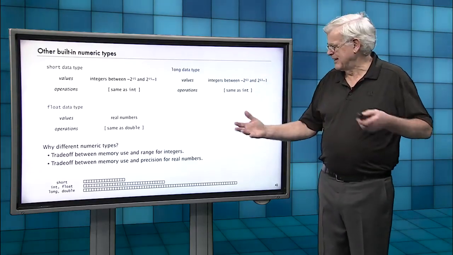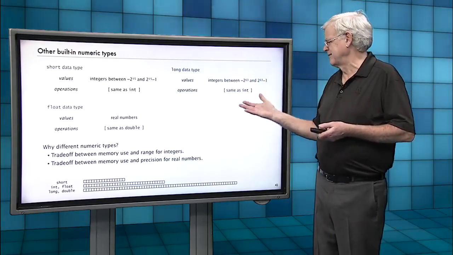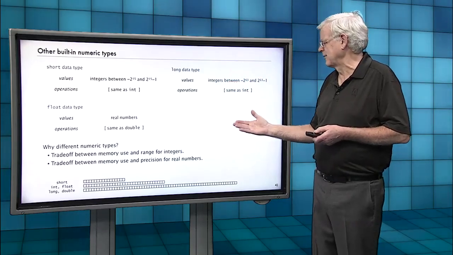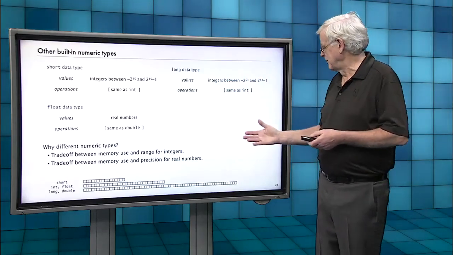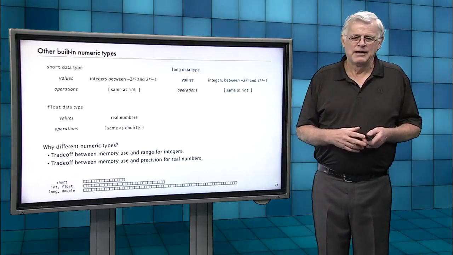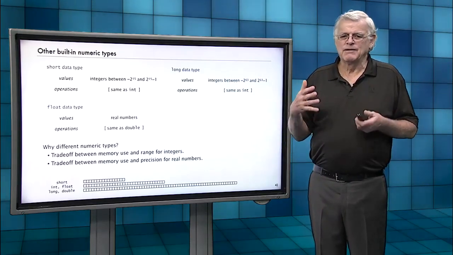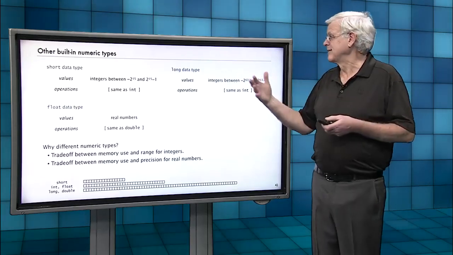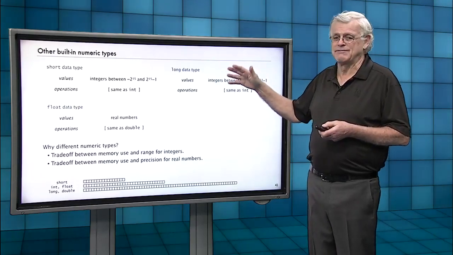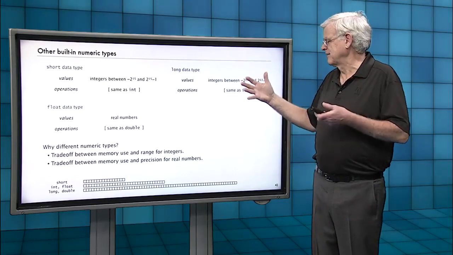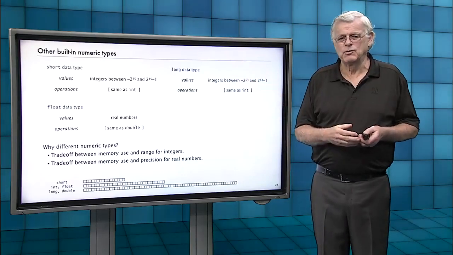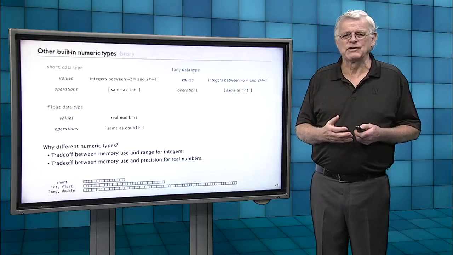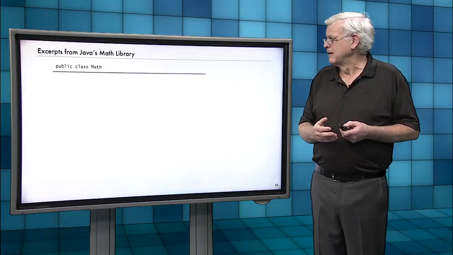Without going into a lot of detail, short is 16 bits, int and float are 32, and long and double are 64. And it's important to be aware of these kinds of restrictions and really know what the set of values is, because you can get into situations where it's important. And we'll talk about a situation like that in a bit.